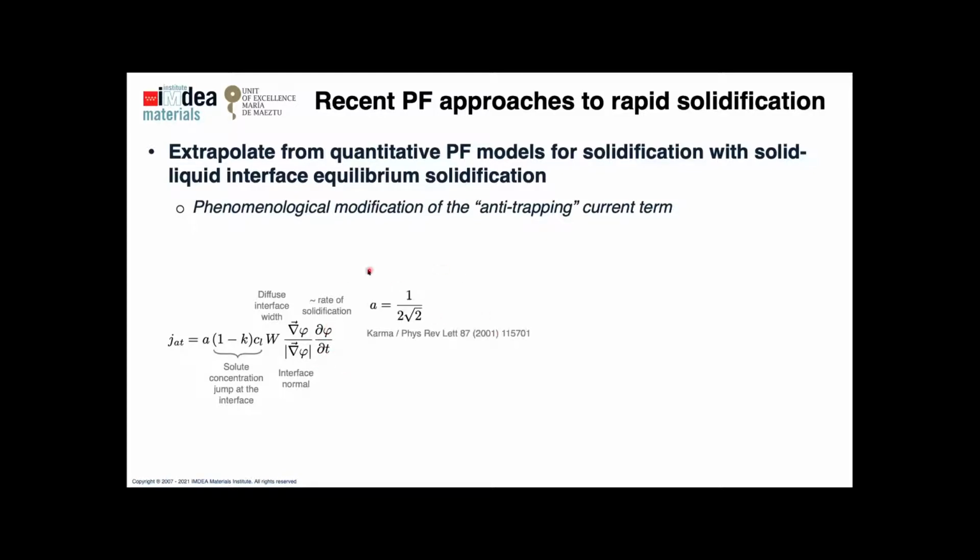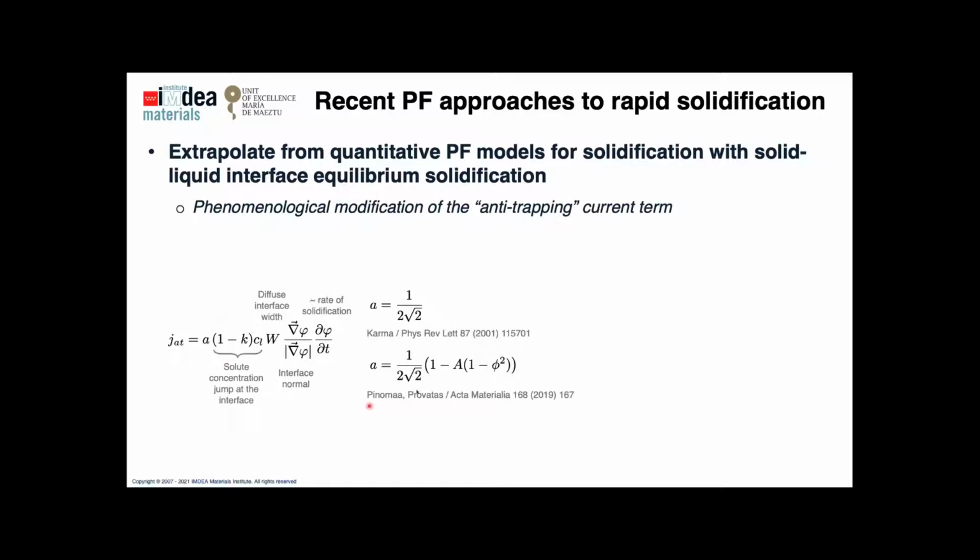And the typical standard version has a constant here. And the idea by two groups of authors is just, let's use this term that was initially used to correct the trapping to actually allow it to trap some solute, but in an amount that we can actually control to some extent.